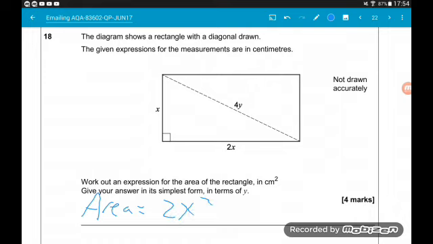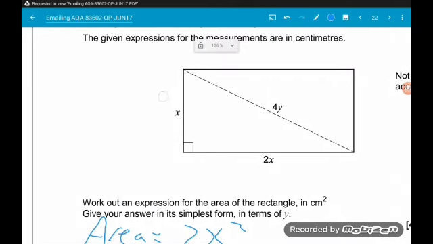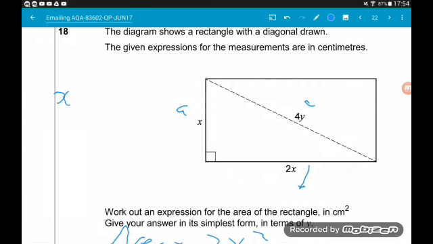Now we need to find an expression for x in terms of y. So, Pythagoras, we've got a right angle triangle going on here. We know x squared plus 2x all squared, so plus 4x squared, is equal to 4y all squared.